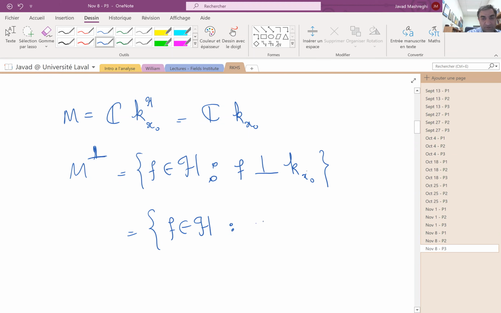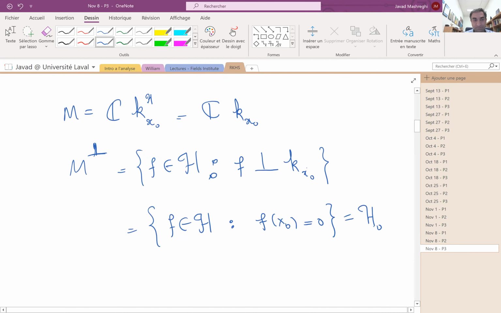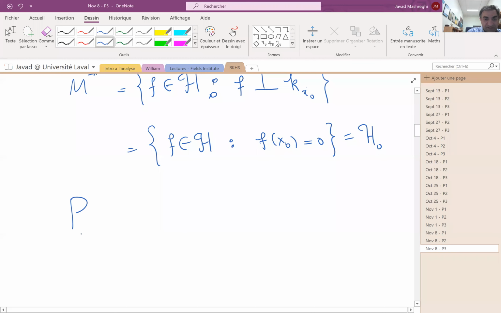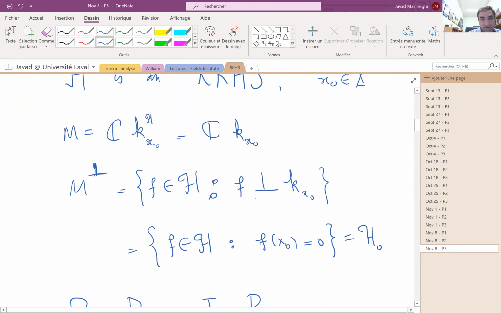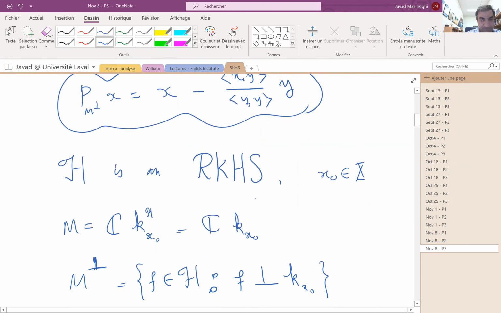F orthogonal to this is equivalent to saying that f at point x0 is equal to 0. True? And now projection into H0 is the same as projection to M perp, which is 1 minus projection into M. And we have the formula here.